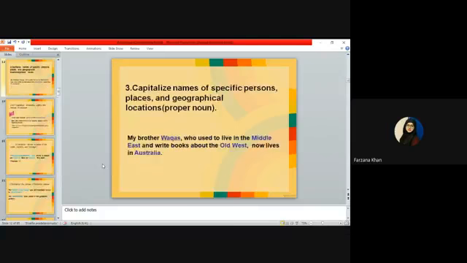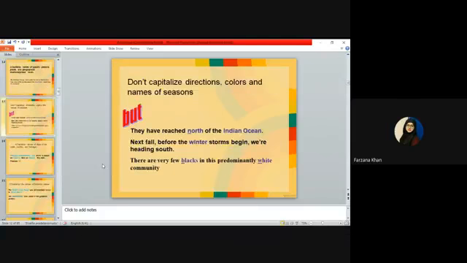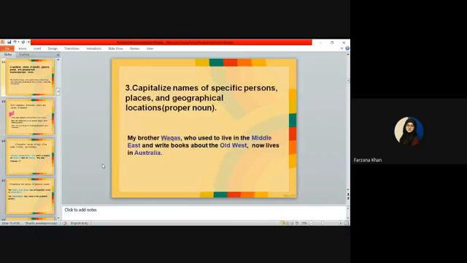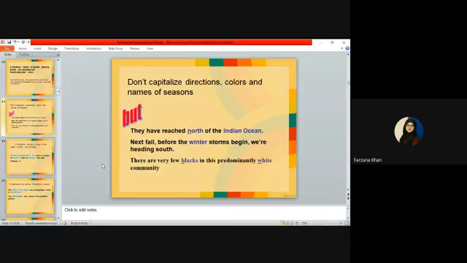Okay, the next is also related to rule number 3. When you are going to capitalize the names of persons, geographical locations, and places, you need to keep in mind that you won't capitalize directions, the names of colors, and the names of seasons when they occur within the sentences, so don't capitalize them.